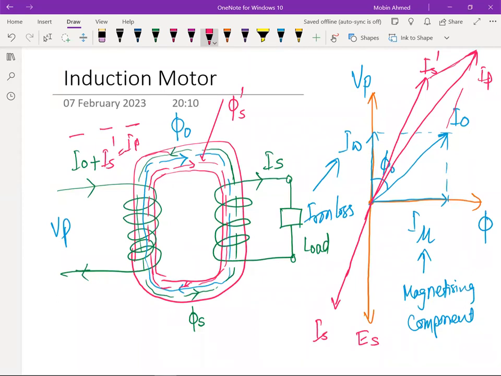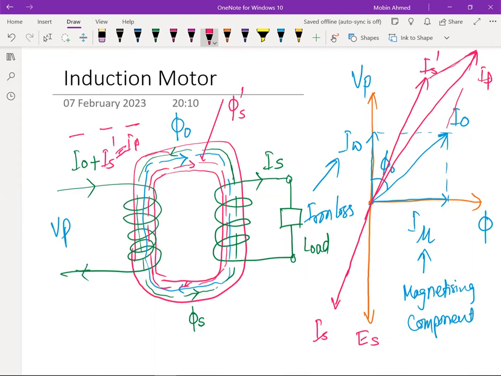So this IP is already counteracting the flux which is in opposition, and that's why there is no back EMF. We cannot say cancel out. This is there and that's why this current is going to increase, just opposite of this one, and that is the total current that is going to flow due to the load.